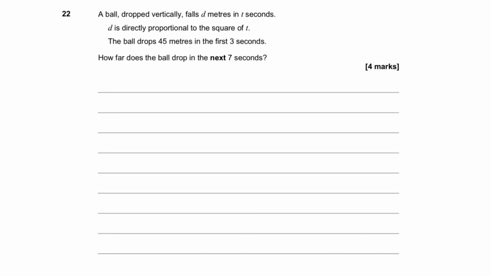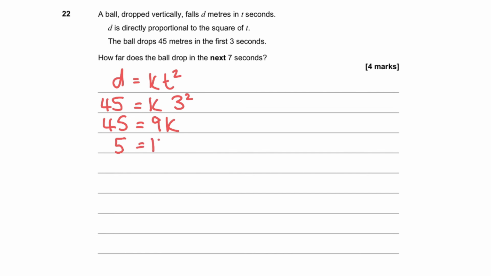So our formula is going to be d is equal to k times t squared. So to find out what k is, we're going to put in the values that we've been given. We've got 45 is equal to k and then 3 squared. So 45 is equal to 9k, so k is equal to 5.